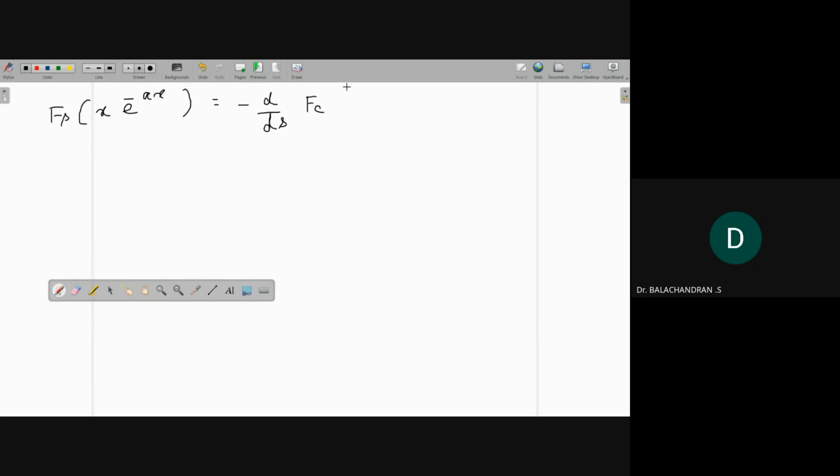Here f of x is e power minus ax. We already know the Fourier cosine transform of e power minus ax, that is root 2 by pi into a by s square plus a square.